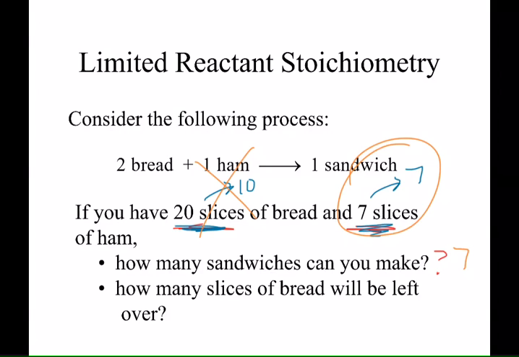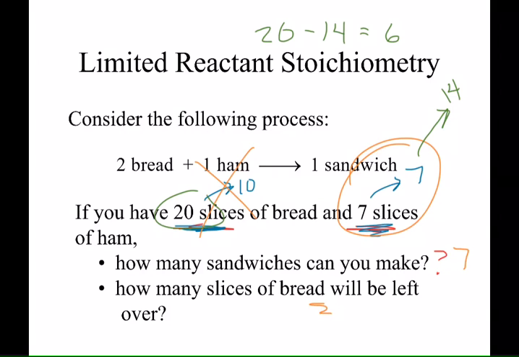And then this says, okay, you're going to make your 7 sandwiches, and then it says how much bread will you have left over? What do you think? Well, in making those 7 sandwiches, you use 2 pieces of bread each, so you use 14 pieces of bread. You started out with 20, so 20 minus 14, I'm getting 6 slices of bread left over.